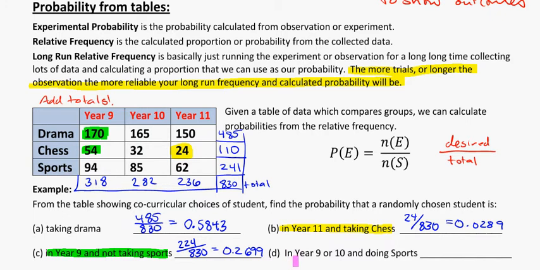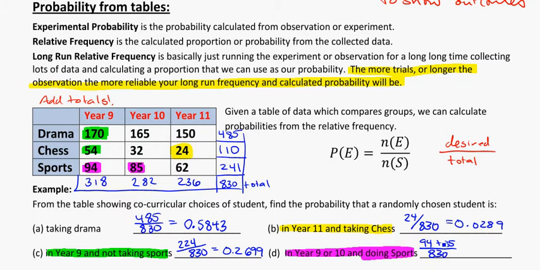Last question here: we're looking for a student in year 9 or in year 10 that's doing sport. So students in year 9 that are doing sport, down here, or students in year 10 that are doing sport. I'm going to add those two numbers together. You can write that out if you want: 94 plus 85 out of the 830 total.